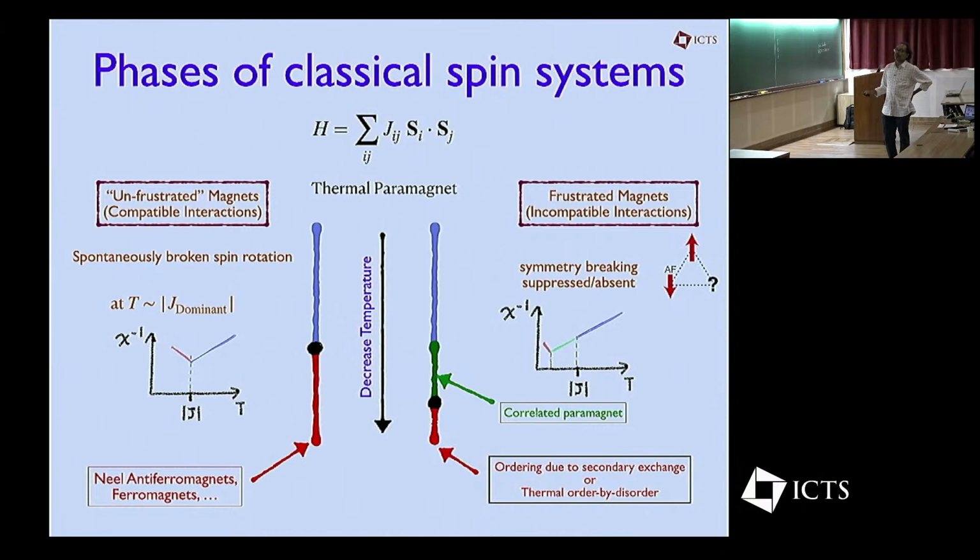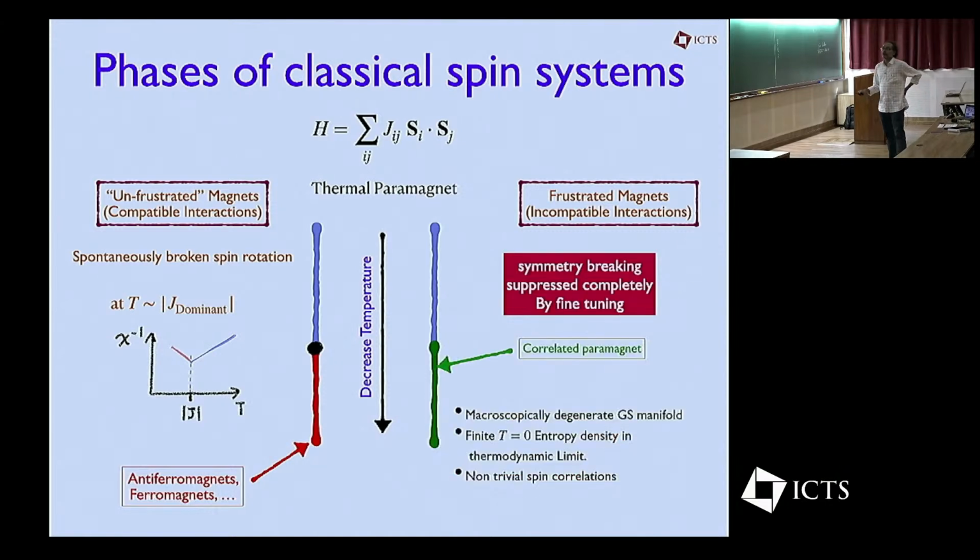At a much lower temperature, the subleading interactions which might be present select some order due to thermal order by disorder or such mechanisms. So this opens up an intermediate temperature region, less than the exchange scale but bigger than the ultimate ordering scale, where the system is paramagnetic but correlated, in the sense that the spins are really interacting with each other but not ordering.